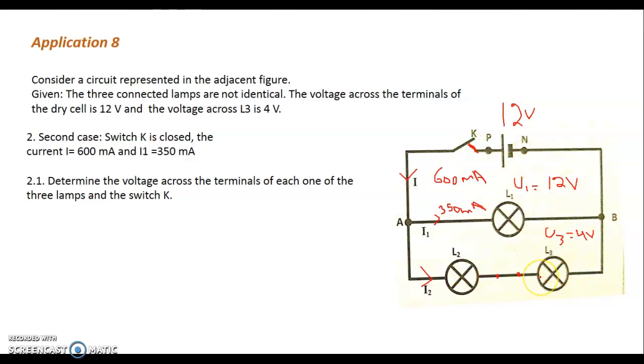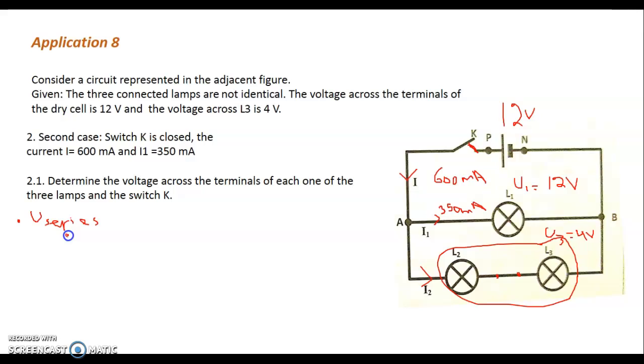That's why L2 and L3 are in series, so the equivalent voltage of the series grouping is equal to the sum of voltages. And as we discussed before, as a whole grouping, this grouping is parallel to L1. So we have to divide our work into two steps. We have to say U for the series grouping, just as we did in application 7.